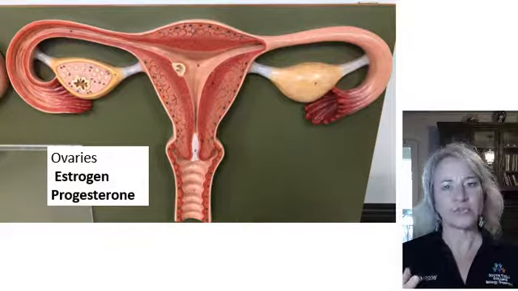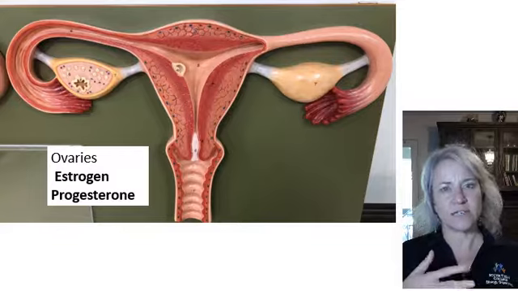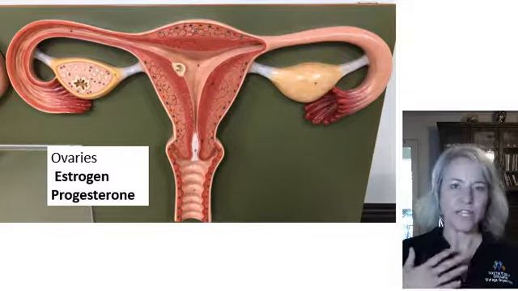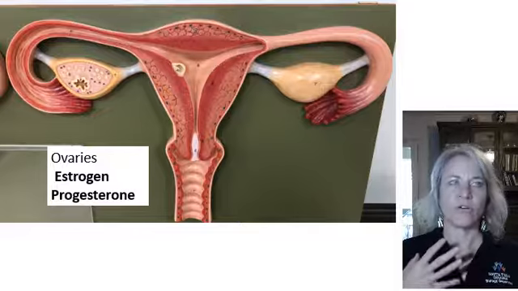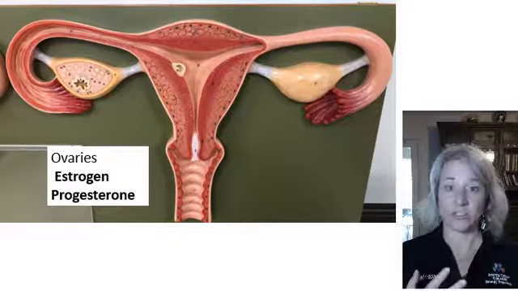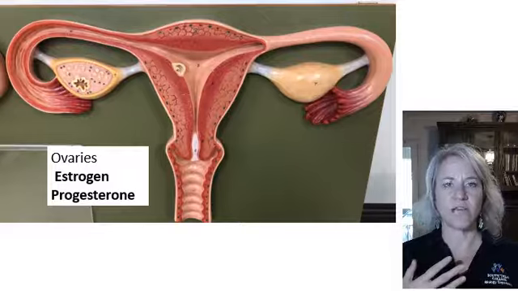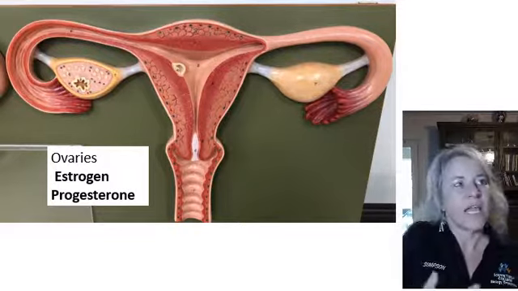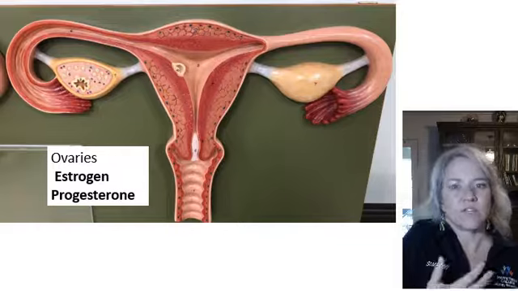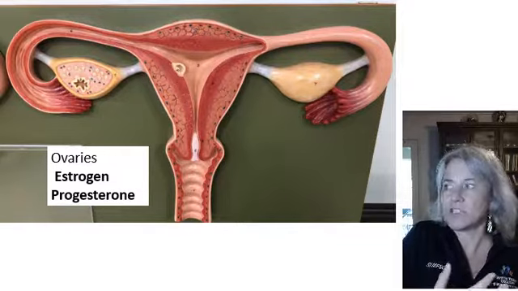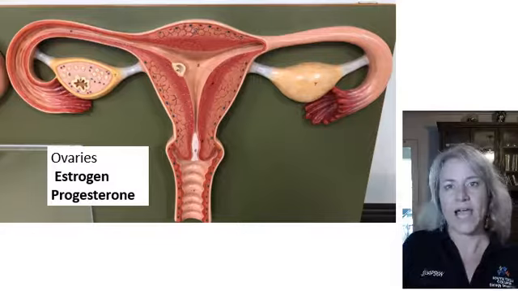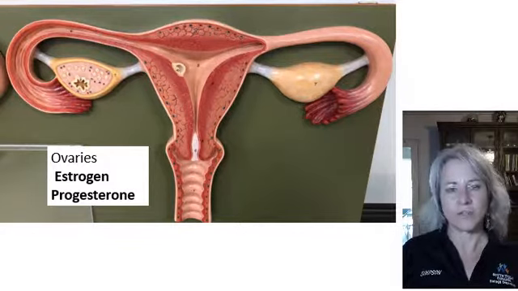While progesterone is released a little bit later, first it's estrogen, then progesterone. Progesterone is going to make those glands functional. So it's going to make it so that the mammary glands can actually produce milk, and progesterone is also going to make it so that the endometrium can actually supply nutrients to an embryo.